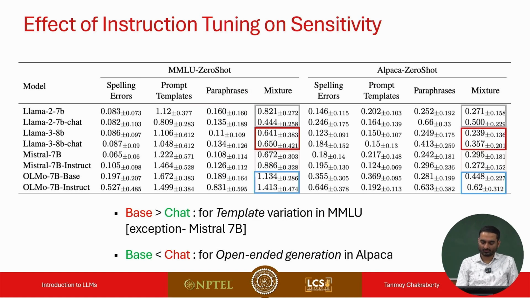We tested across all different variations. A huge experimental setup was there. There are three different types of models: Llama, Mistral, and Olmo, and their base version, chat version and instruct version, and we had different experiments.